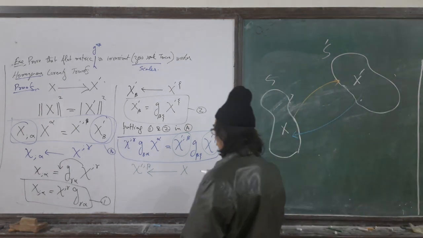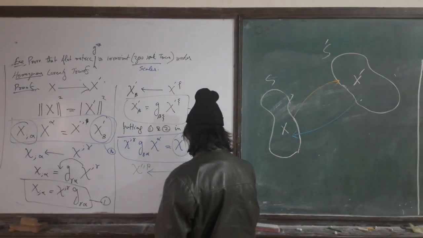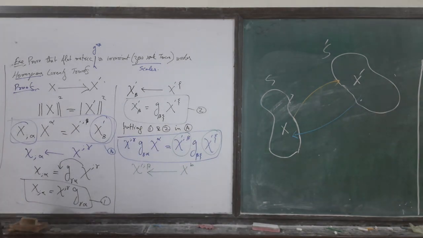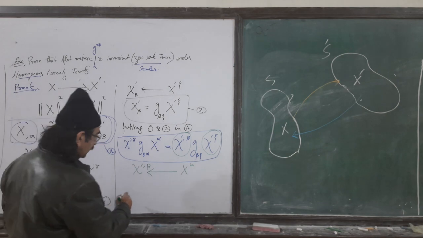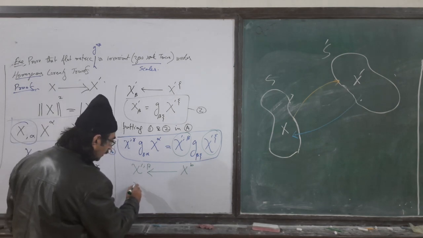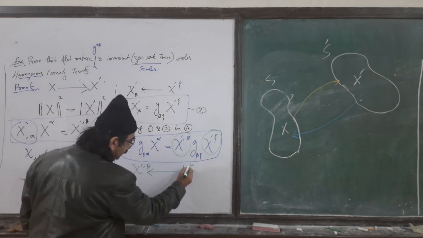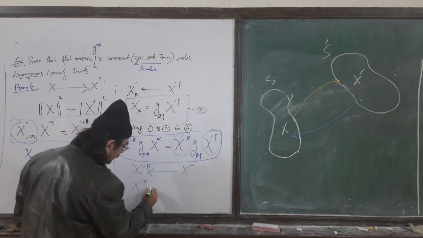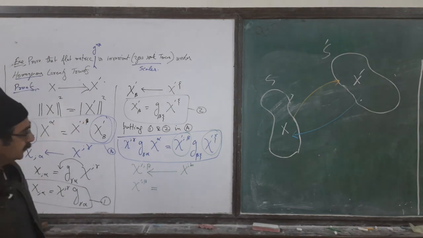That's up to you. So if I consider that as B, that is the moving index. X prime beta.